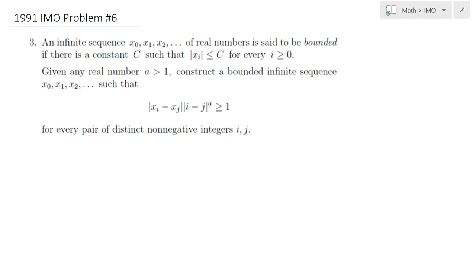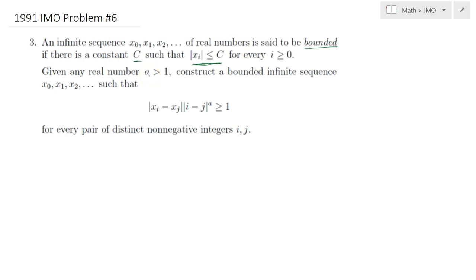Hello everybody, in this lecture we will be solving 1991 IMO problem number 6. Here is a view of this problem. An infinite sequence x0, x1, x2 and so on of real numbers is said to be bounded if there is a constant c such that the absolute value of x sub i is less than or equal to c for every i.